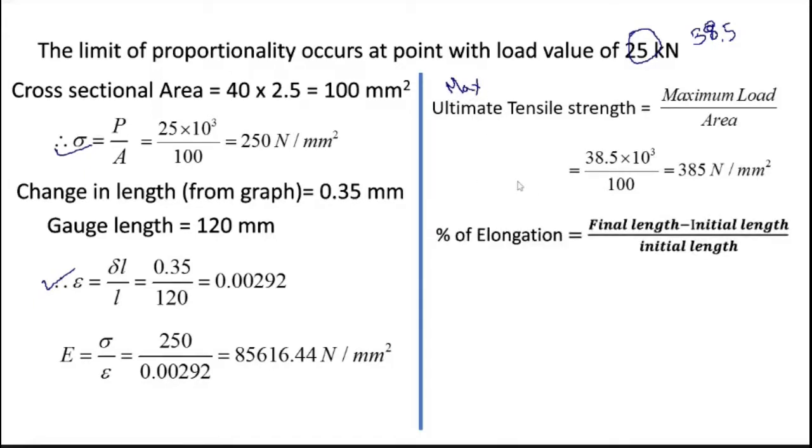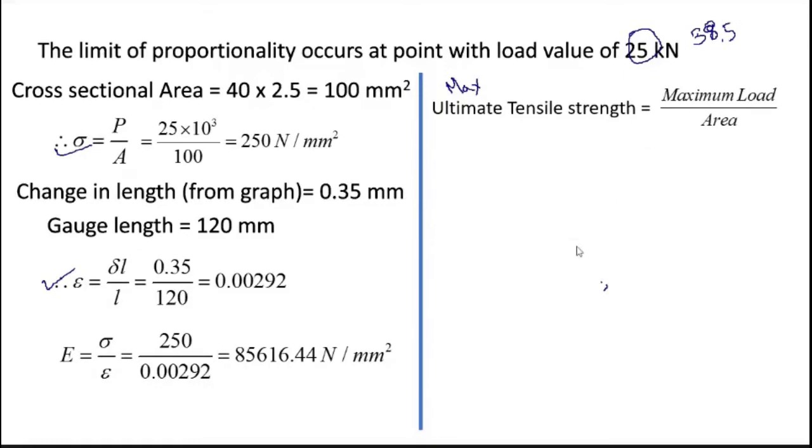Next, percentage of elongation. Same formula we discussed last class. Final length, maximum minus minimum, right? Maximum is final length minus initial length divided by initial length. So before it starts, what is the length? That is what we are going to consider. So final length is 125. Why do we consider 125 here?